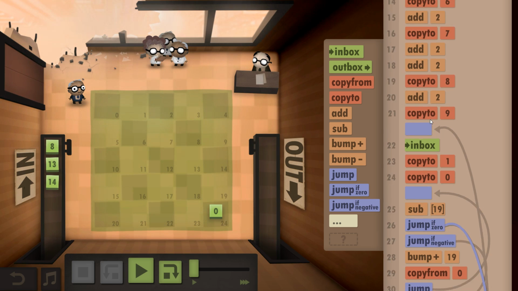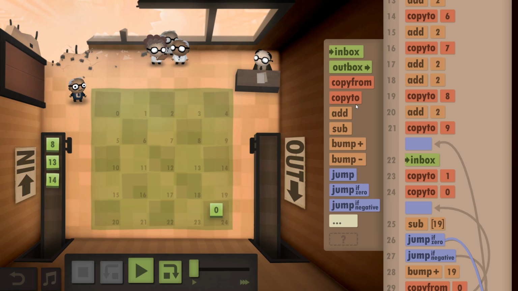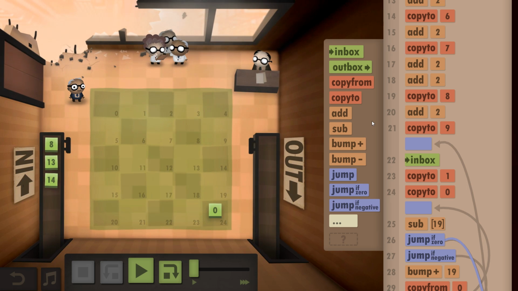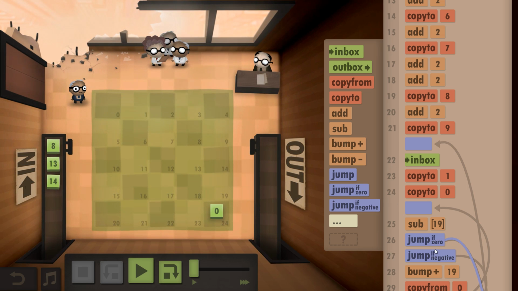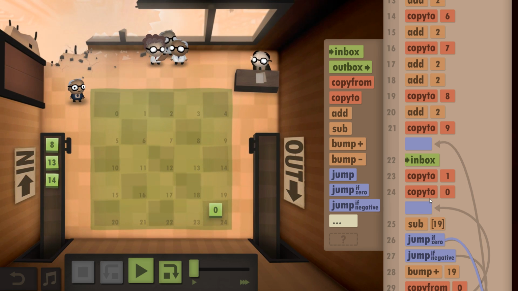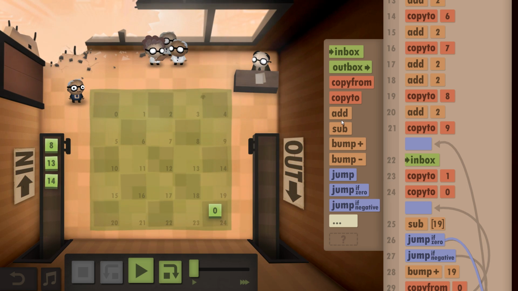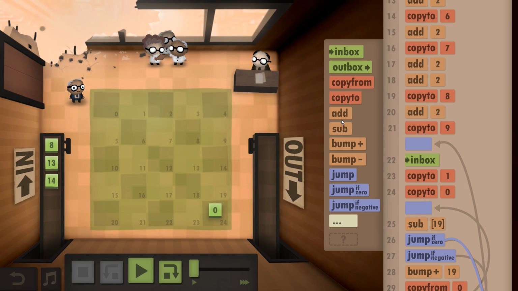Oh yeah, but that means I actually need to set up the next prime number, right? Yeah, because the largest input I've seen is 20, and 20 minus 19 would not be negative. So it would pump it up, and then I would reference an empty field. So I have to set up one more prime number. More steps, not good. What was I at? 19, and I need to get to 23.